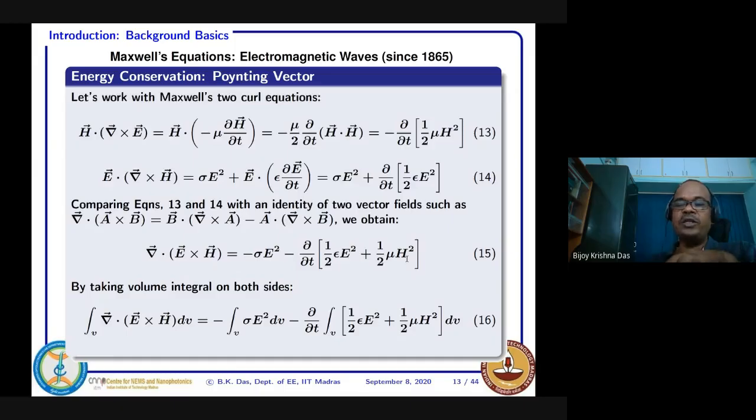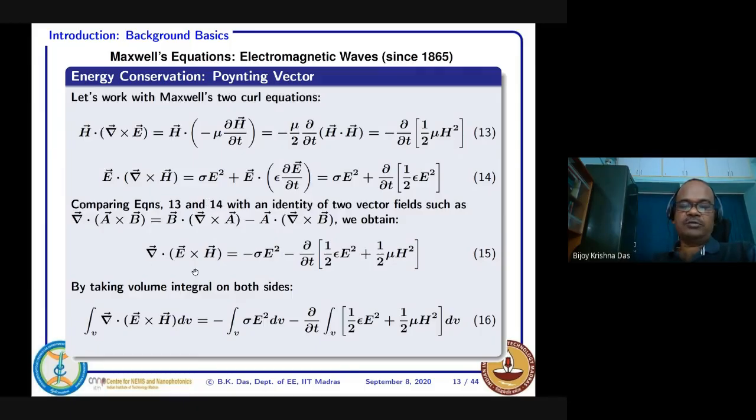At a particular coordinate these things are true, because all the Maxwell's equations in divergence and curl form are what is called the point form of Maxwell's equations. That means it is valid at any particular point. If you have electric field, magnetic field and current density defined at that point, then all these relationships hold.